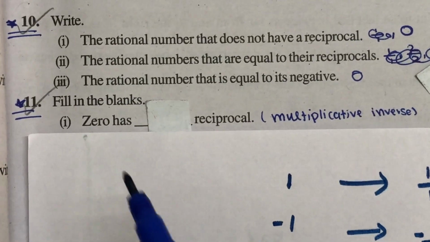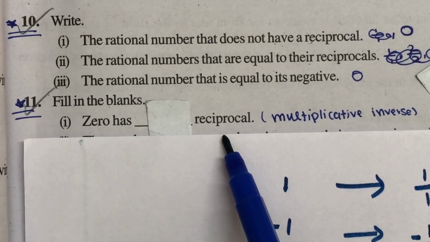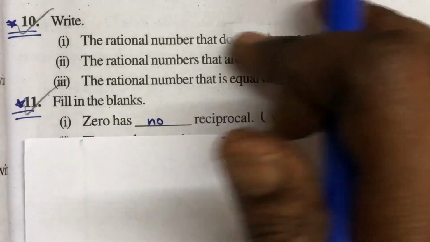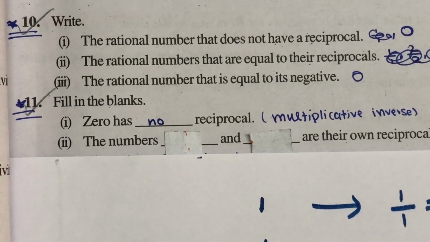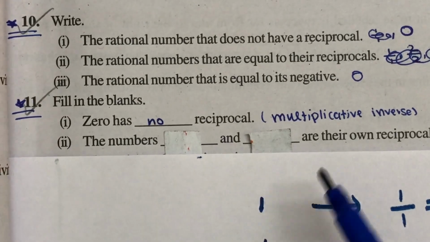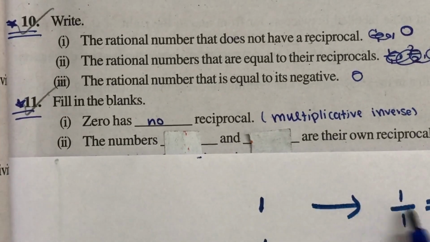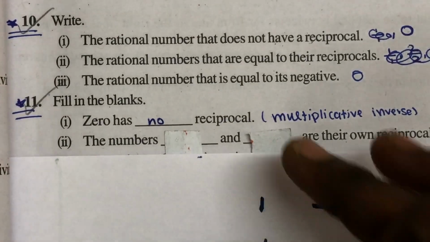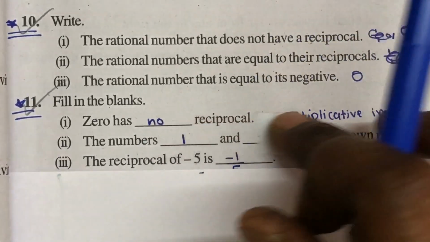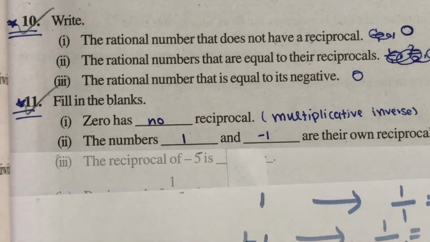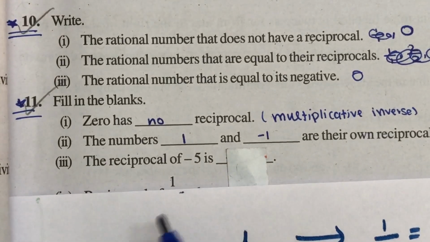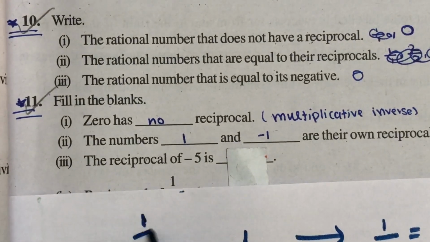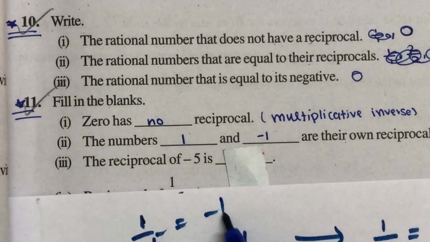11th question. First one, 0 has dash reciprocal. No reciprocal actually, right? Second question, the numbers dash and dash are their own reciprocals. We have just seen this: 1 and minus 1 are their own reciprocals. Third question, the reciprocal of minus 5 is 1 by minus 5, which is equal to minus 1 by 5.